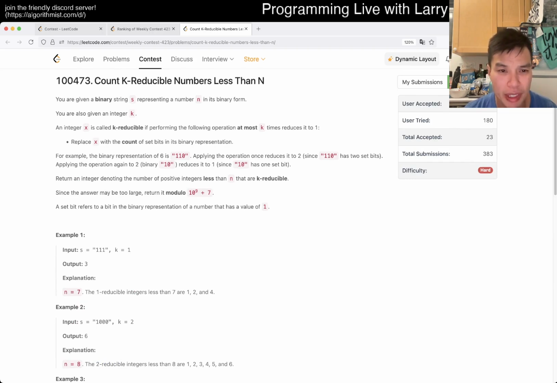Replace x with the count of the set bits in the binary representation. So, what does S mean?